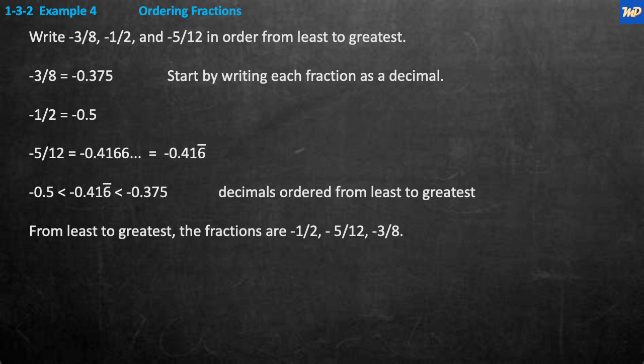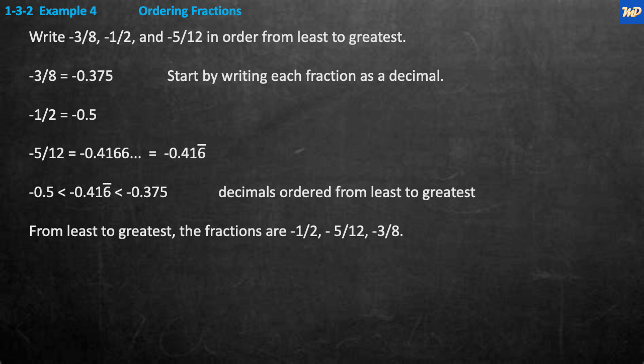Negative 3/8 is equal to negative 0.375. Start by writing each fraction as a decimal. Negative 1/2 is negative 0.5, and negative 5 divided by 12, or 5/12, is negative 0.4166.